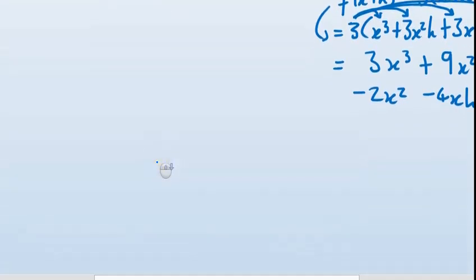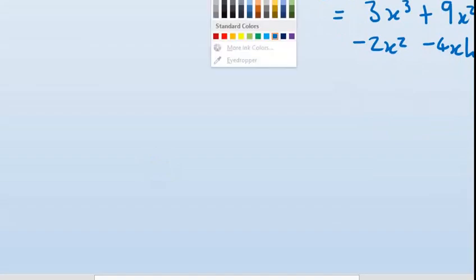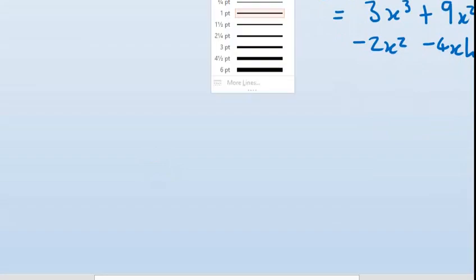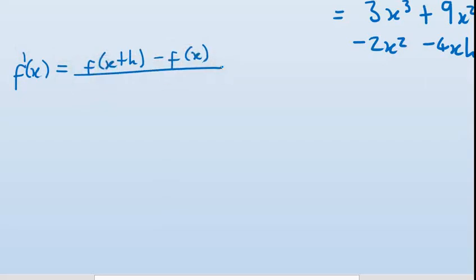My first principles formula will look like this. f prime of x, the first derivative, will be equal to f of x plus h minus f of x, divided by h, where the limit is that h must be approaching 0.